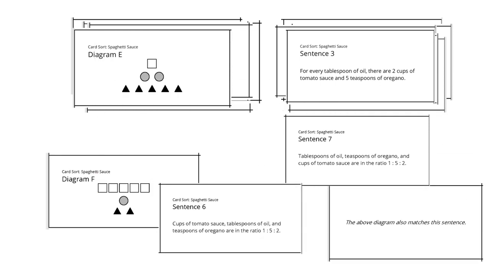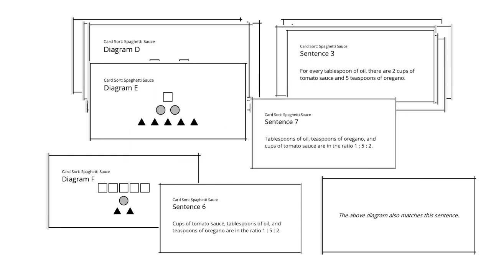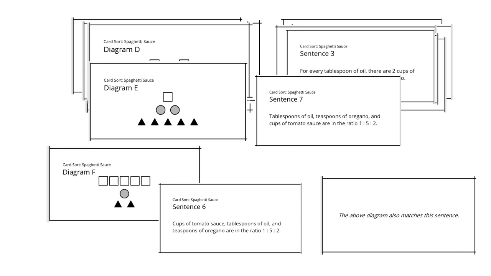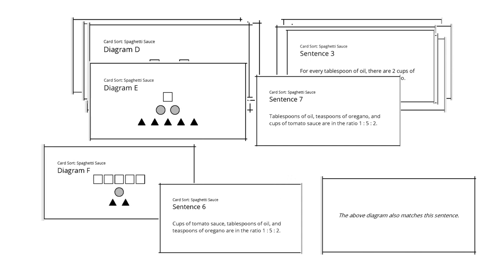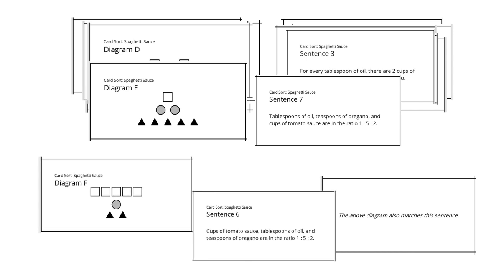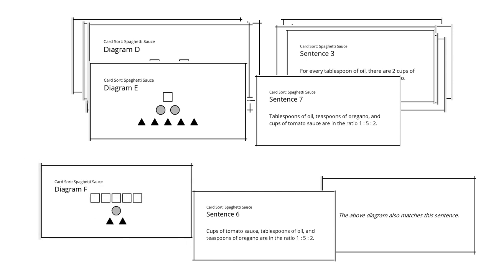And we're just going to continue taking each diagram, trying to find a match for your stuff. Now, I technically don't know if this is a match because this diagram doesn't say that the squares represent tomato sauce or the squares represent the oil or the squares represent the oregano.